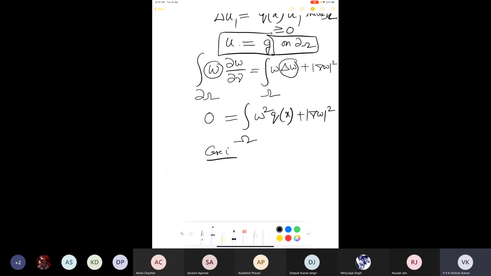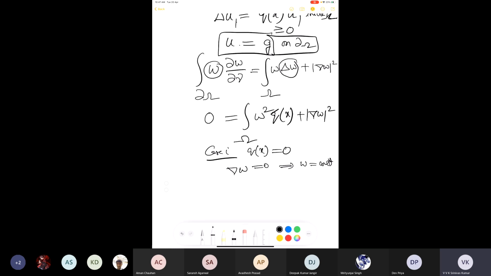Case 1: if q(x) is the 0 function, then this part is 0, so gradient of w is 0, which implies w is equal to constant.